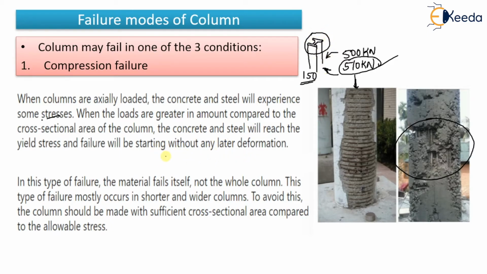For example, initially you have used ISMB 150, so you can increase that. Instead of ISMB 150, you can use ISWB 200. Because this section has a greater cross-sectional area, it will be capable of resisting more loads. So this is the solution for that.